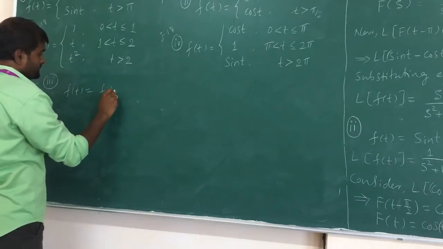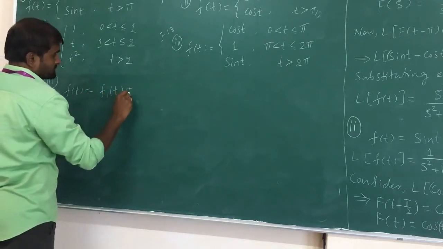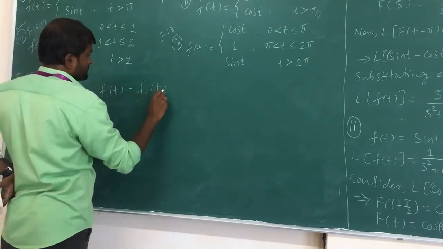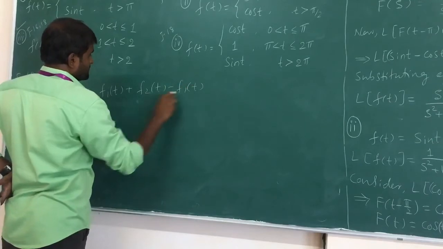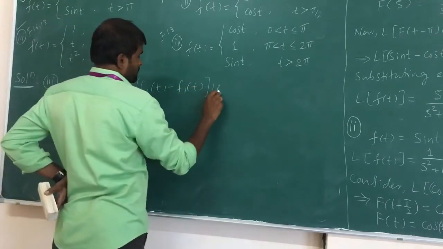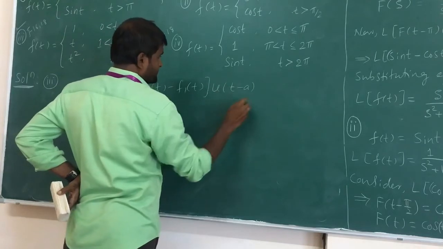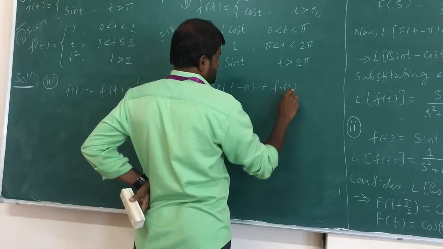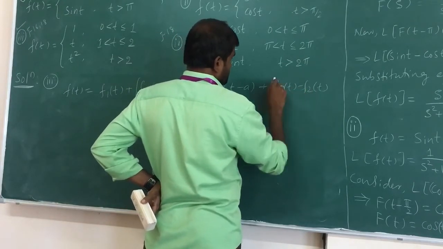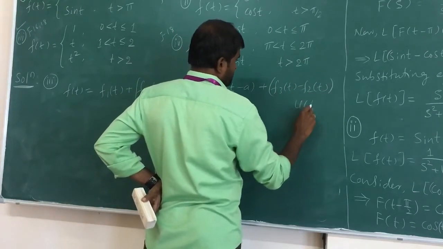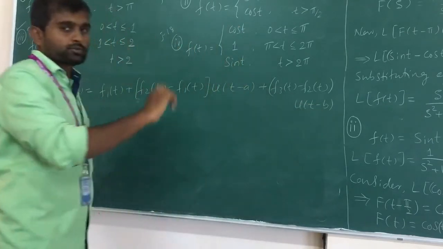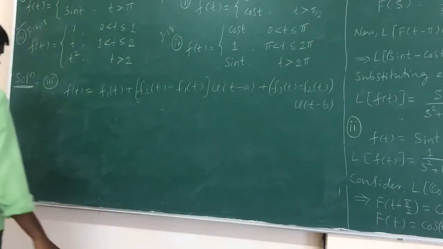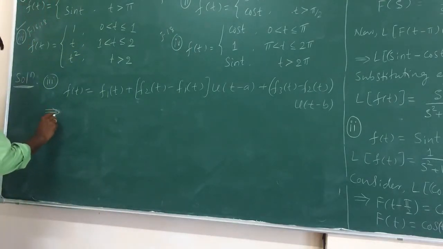So f1 of t plus f2 of t minus f1 of t, correct, into u of t minus a, plus f3 of t minus f2 of t into u of t minus a. So this is the fourth property definition. The fourth property is a statement. So that's the same thing we are following.